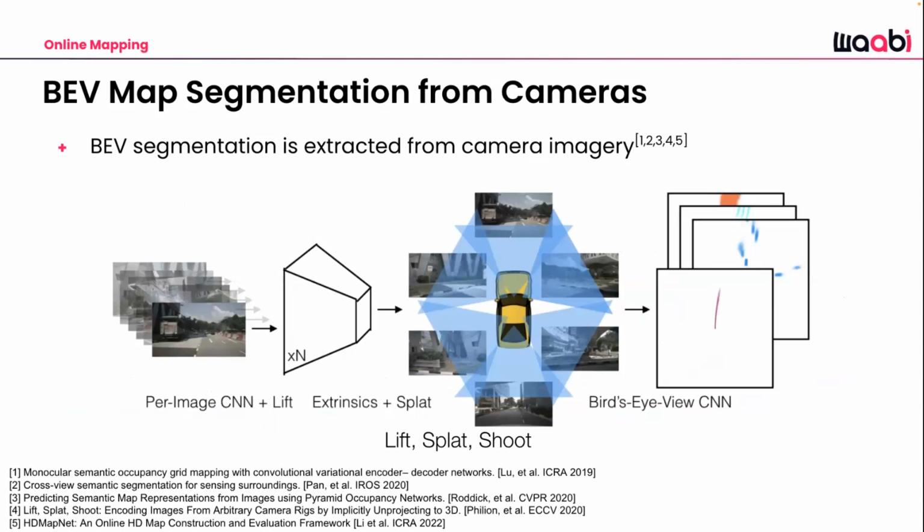The idea is that in the first stage of the model, each image is lifted from its local two-dimensional image feature plane into a 3D frame that is shared across all the cameras. And this is done in a soft way because you don't have explicit depth information.